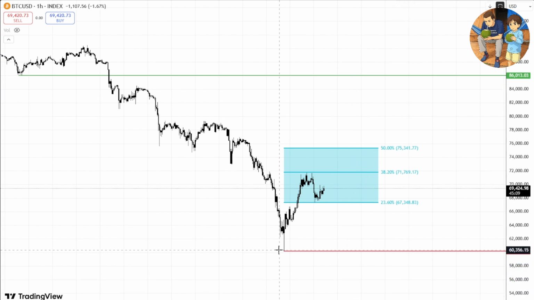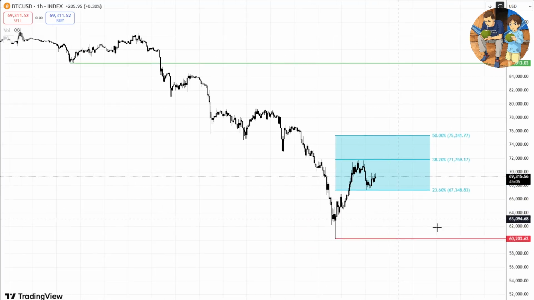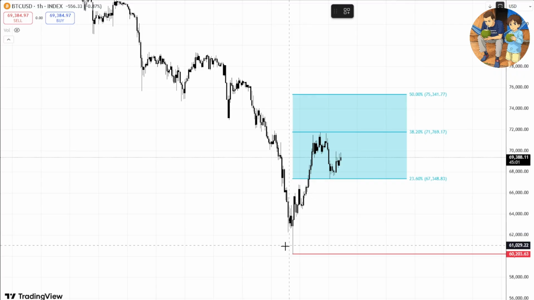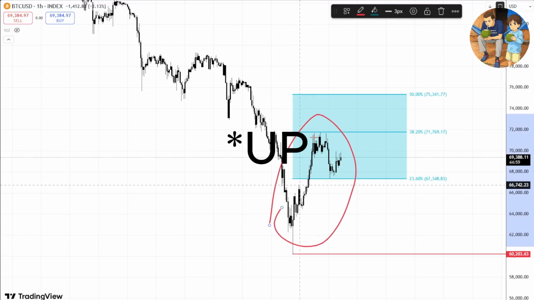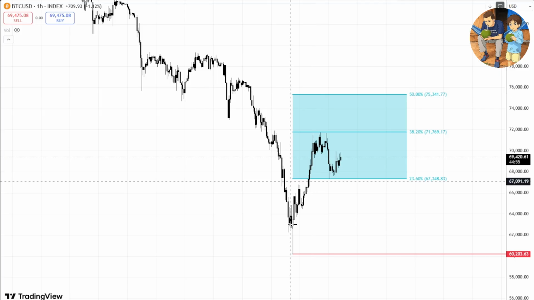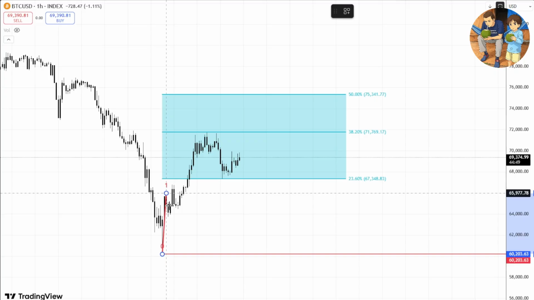In that case, we always have to consult: is this impulsive or corrective? It looks impulsive at first glance because we came down like 13% on the day, but we have to count the waves. And right now I can count 1, 2, 1, 2, 3, 4, 5.